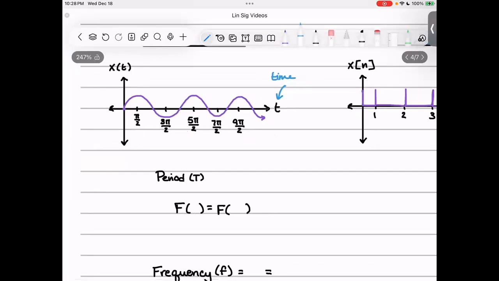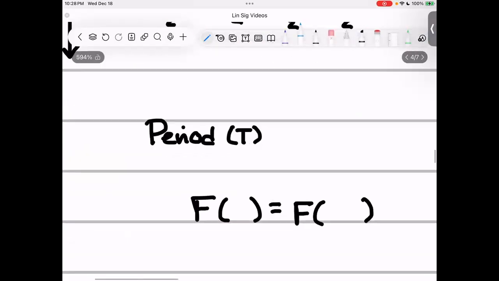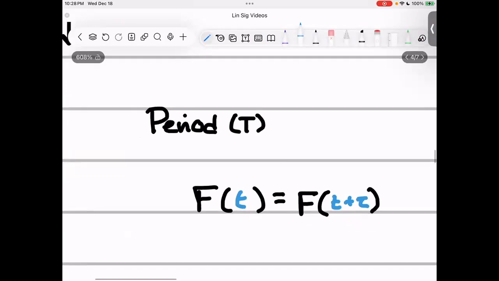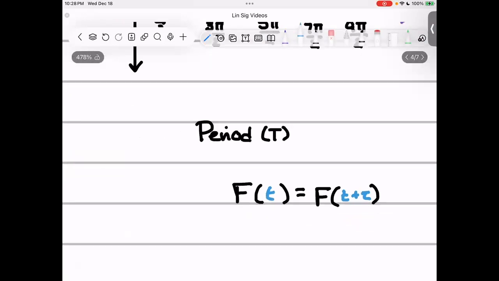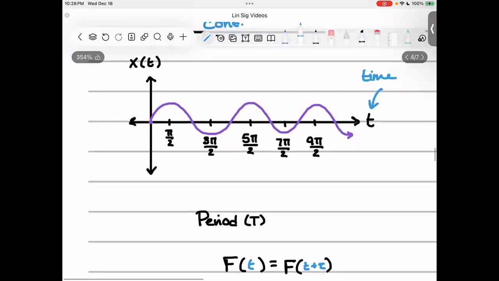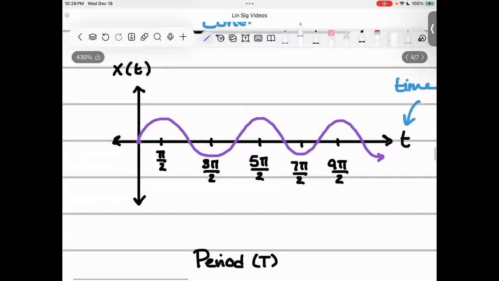The period of a function, the technical definition of it, is when f of t is equal to f of t plus some constant. Let's call it tau. So what this is essentially saying is, at what point in time does the signal repeat? If we look at the sine function here, you can see that it reaches a crest every 2 pi.